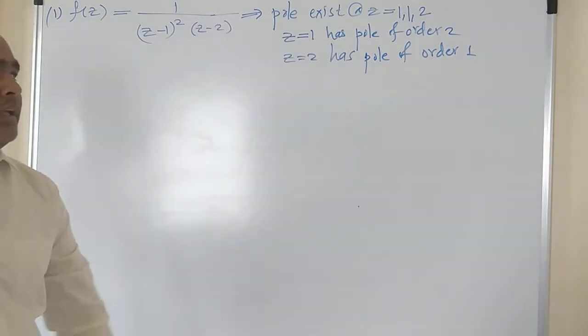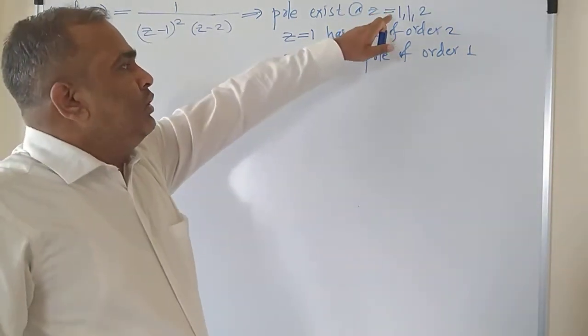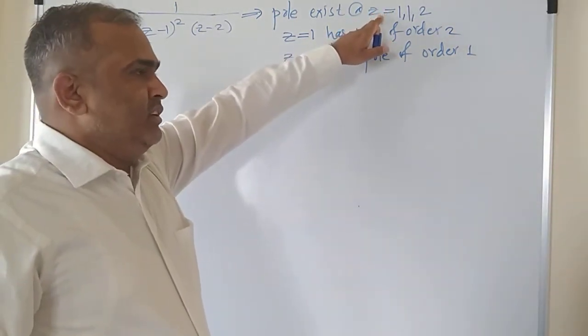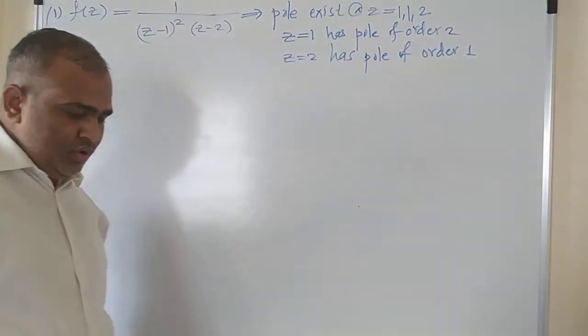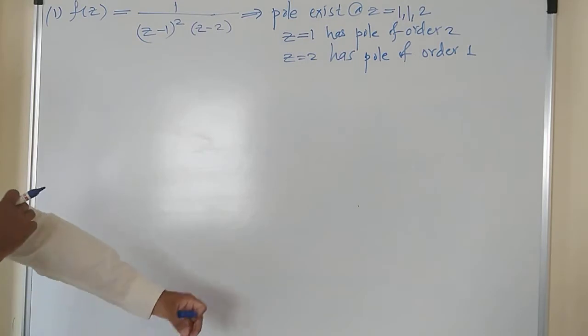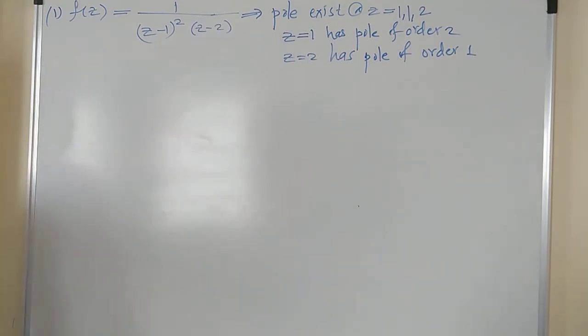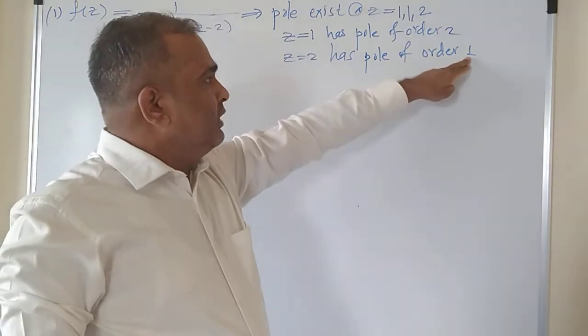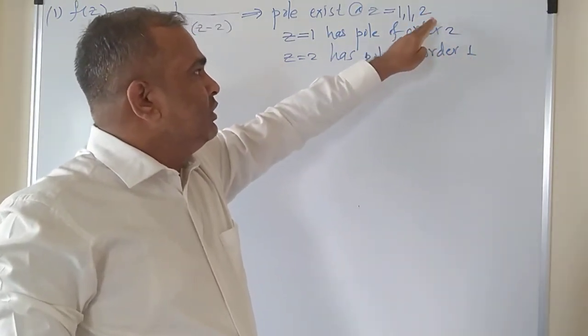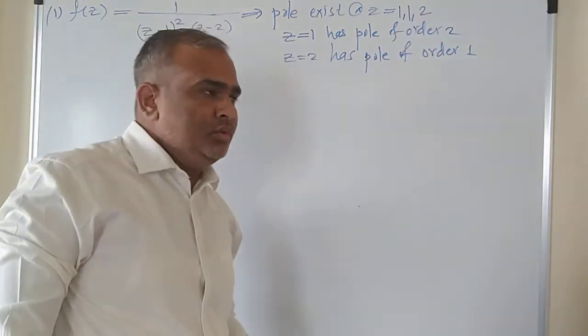Got it? So now we know where the poles exist and we know its orders. If this is known to you, then you can use the formula and calculate the residues at these points, at z is equals to 1 and z is equals to 2.